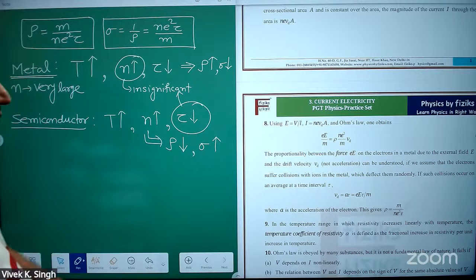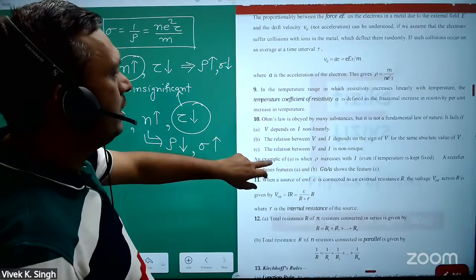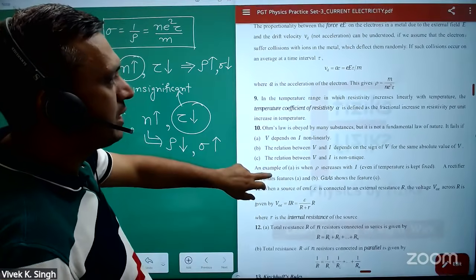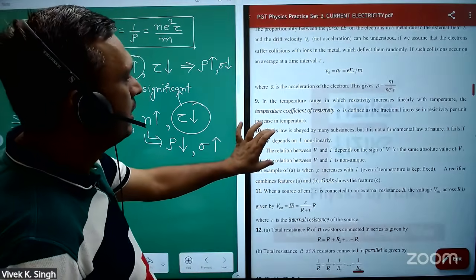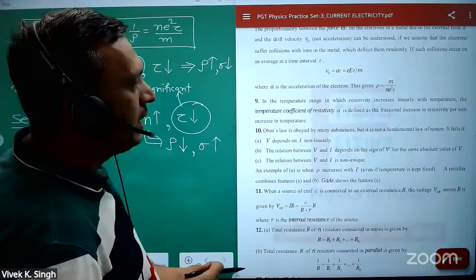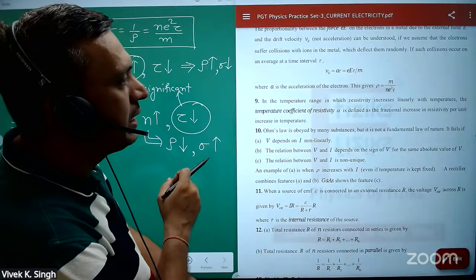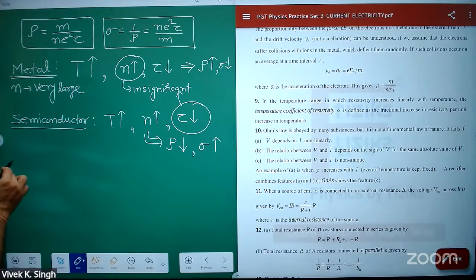Now we will see the temperature range in which resistivity increases linearly with temperature. The temperature coefficient of resistivity alpha is defined as the fractional increase in the resistance per unit increase in temperature. So how does temperature change?